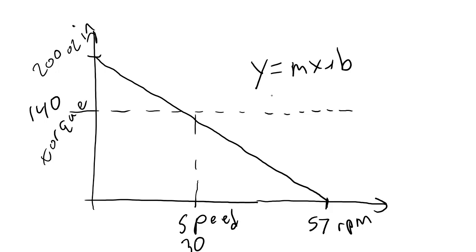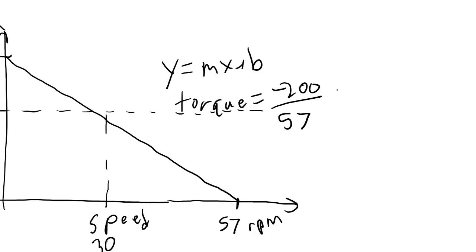Y is the torque. M is the slope of this line. X is the speed. And b is the y-intercept. The y-intercept is the same thing here as the stall torque. So, how much torque do I have when the speed is 30?